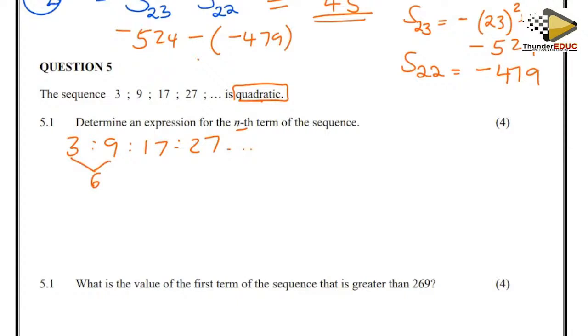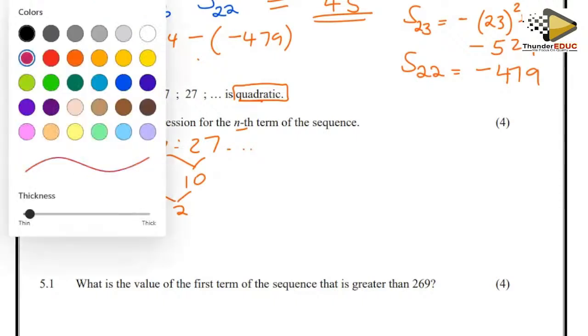Then 17 minus 9, what does it give us? It should be 8. And then 27 minus 17 is a 10. And then for the second difference, we expect a common constant value, which is 2, 2, 2, 2, 2.